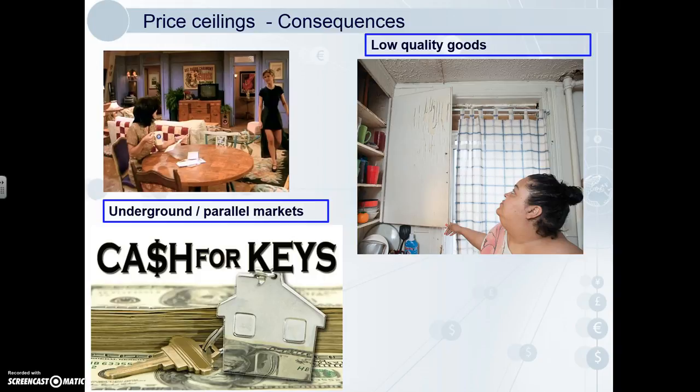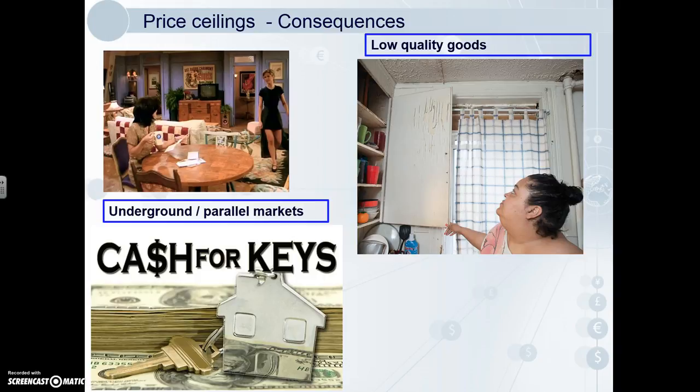And neither of those are ideal, but there's a more insidious version of non-price rationing, which is favoritism. If everyone is only allowed to offer the same price for the apartment, it makes sense that these landlords would just give them to friends and family.